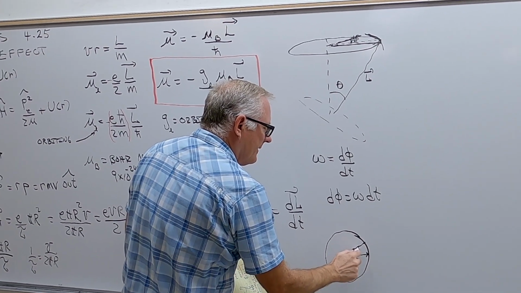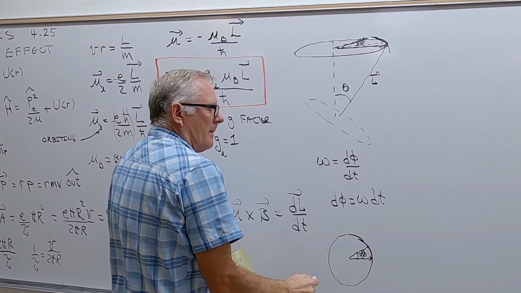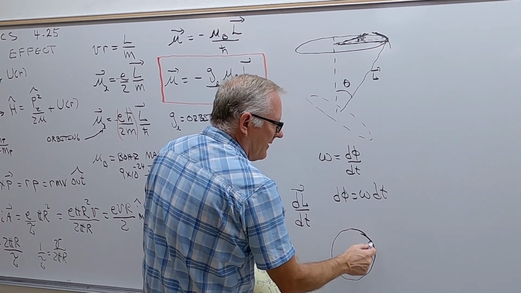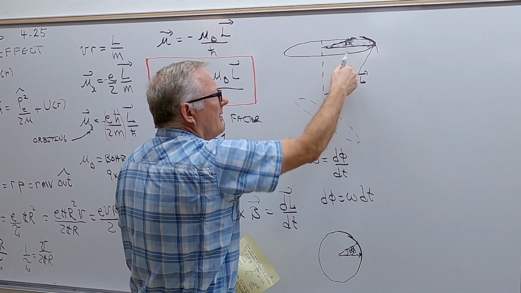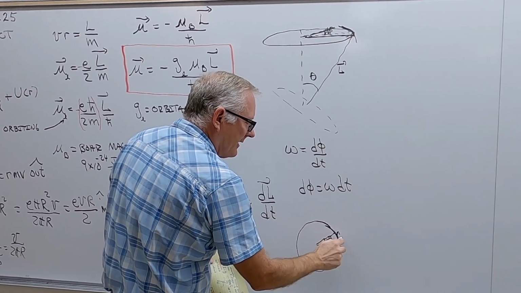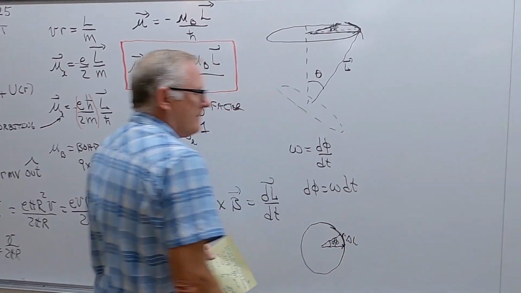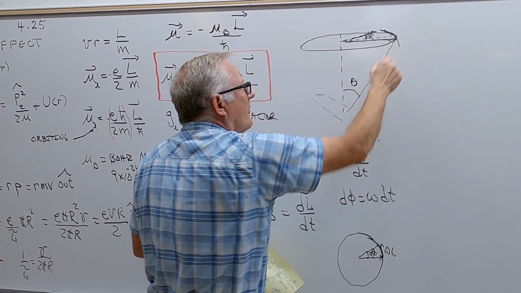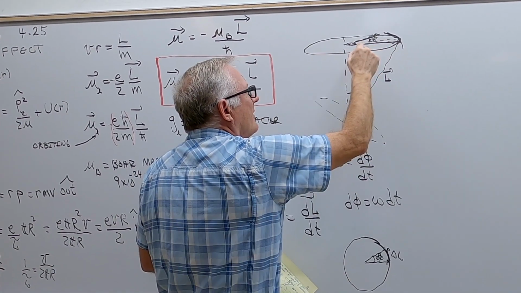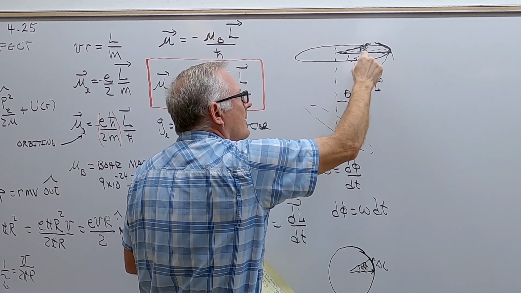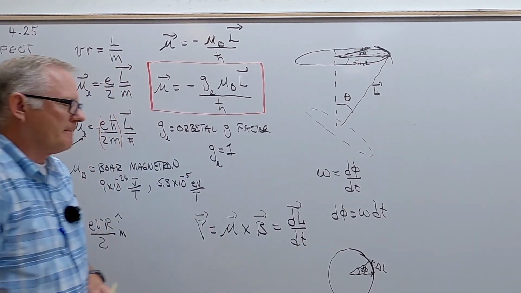This is my d phi, and the change in L would have been from here to here, because L used to be there, and then it moved over here. There's the delta L. And from this triangle, if that's L, this length must be L sine theta.